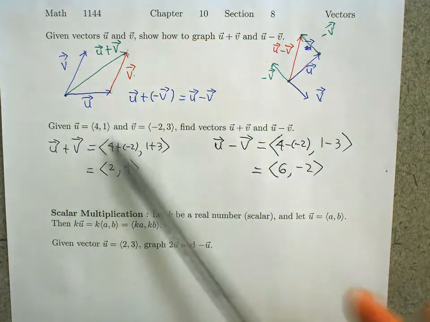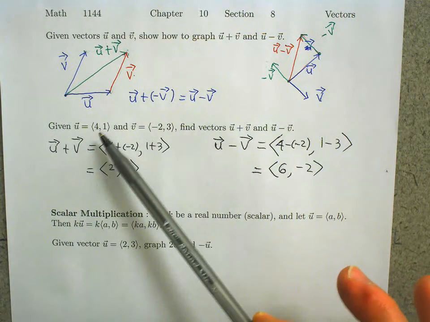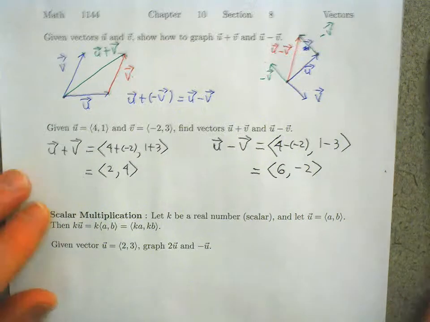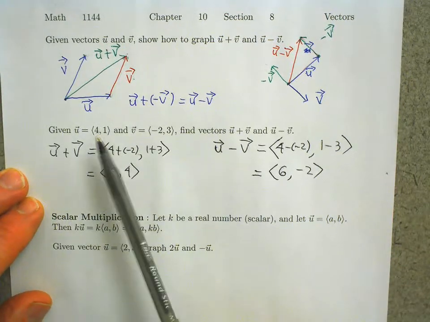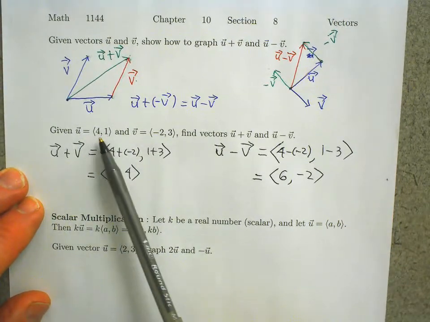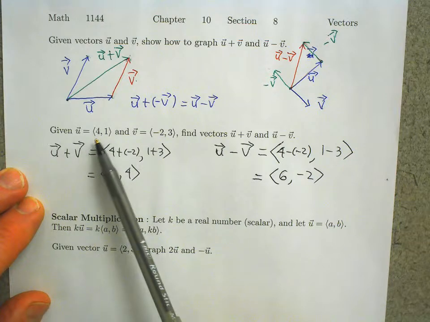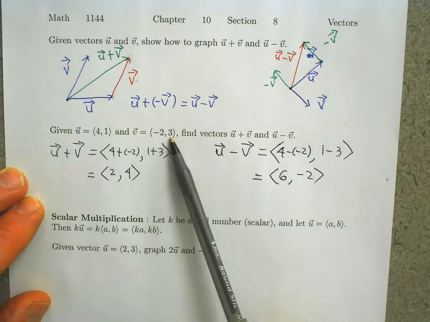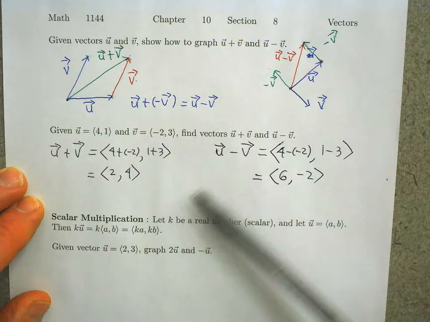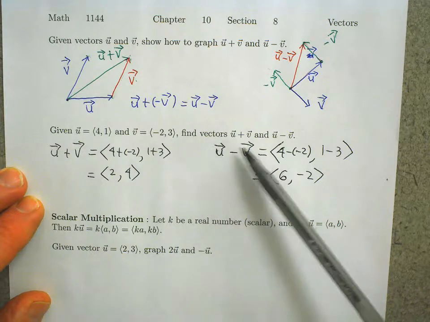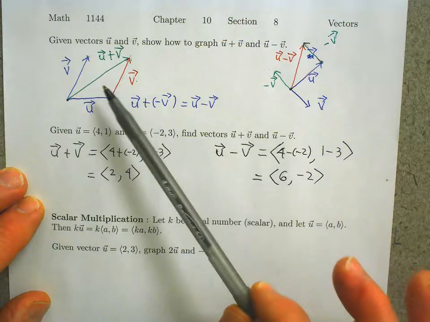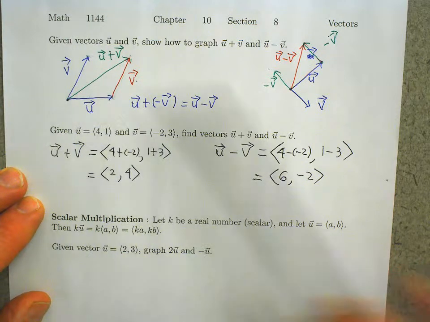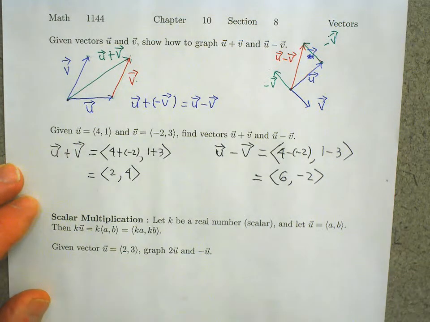So one of the things you could do to illustrate the drawings above, if you somewhat carefully construct component vectors 4, 1 and negative 2, 3, then you can illustrate that u plus v and u minus v look sort of like what we did above there.